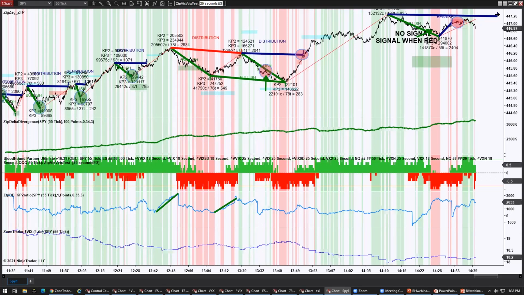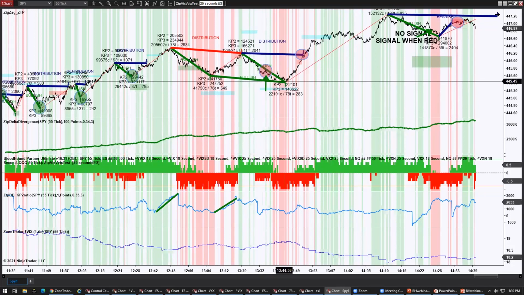Emmanuel asks, the green, red, blue arrows keep repainting until the zigzag lines move far enough in either direction. No, Emmanuel, it's not a matter of distance. It's just a matter of evaluating whether or not there is a divergence. From right here, we had a legitimate divergence, and I can tell that with the software.